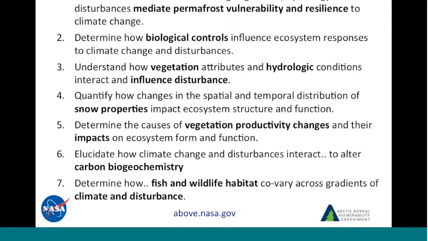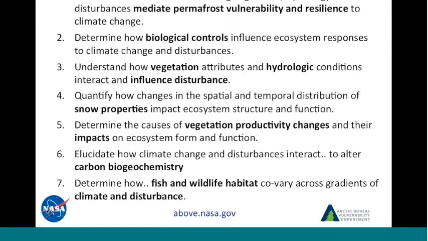How biology and biological controls influence how ecosystems respond to disturbance, including climate change. Vegetation attributes and hydrological conditions, how those in turn influence disturbance and feedback to disturbance. Snow properties. Snow is very important, of course, in these systems in terms of regulating all sorts of biogeochemical and ecosystem processes.